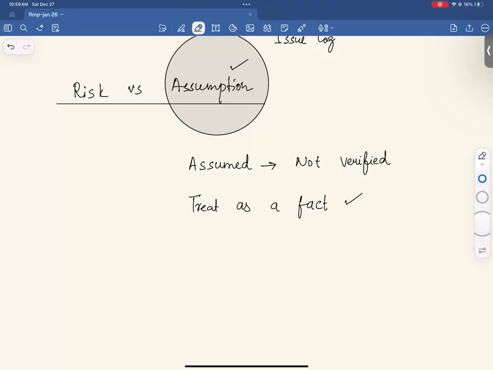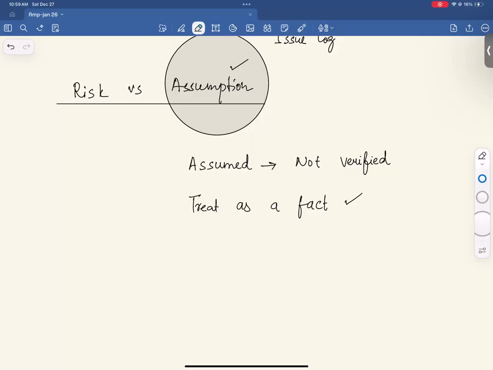Yes, but risks cannot be fully mitigated, but assumptions can be. You can take some measures, put some mitigations, and maybe you can eliminate this area. Right. Okay. Thank you. Anybody else?